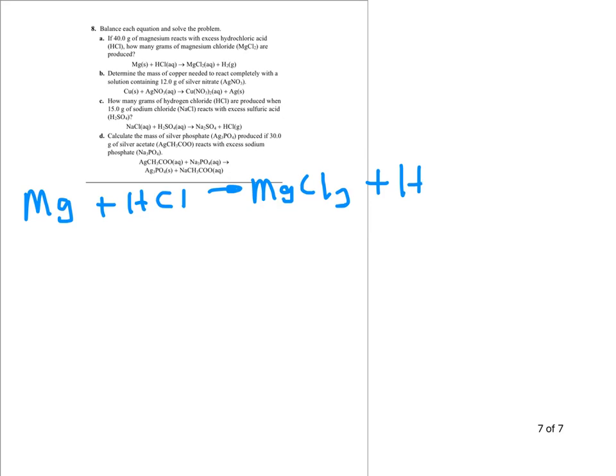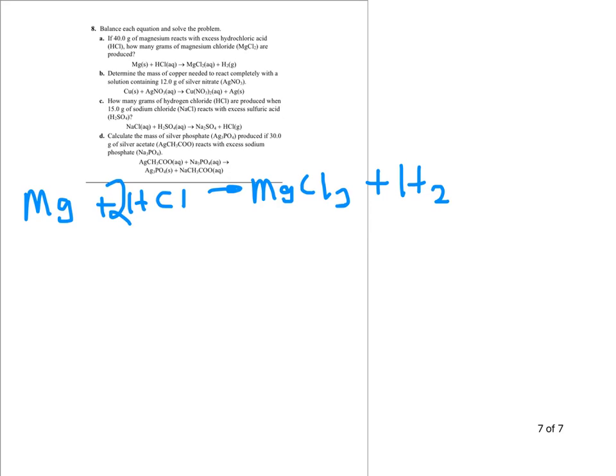So we've got Mg plus HCl yields MgCl2 plus H2. If we want to balance it, Mg's are balanced, H's are not balanced, Cl's are not balanced, and we just need a 2 in front of HCl. Always remember, first step is to balance.